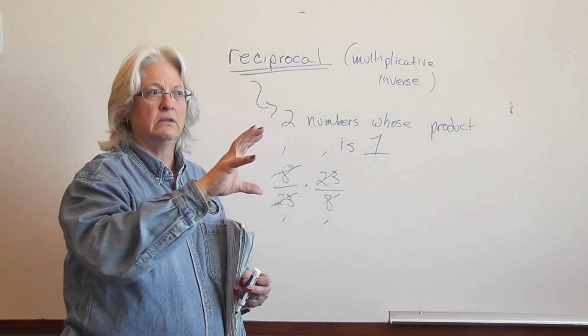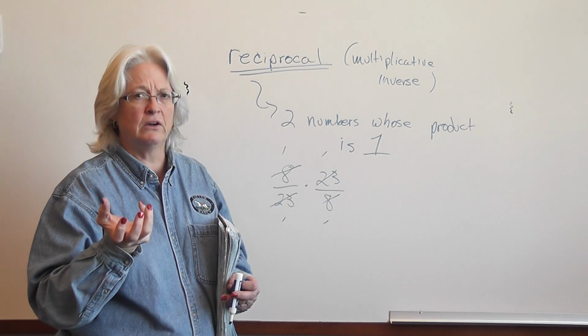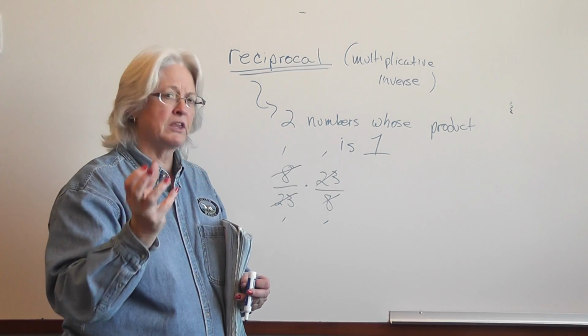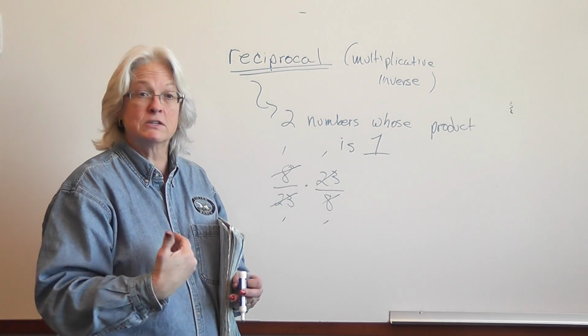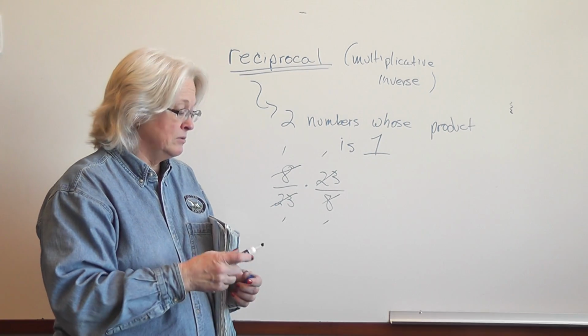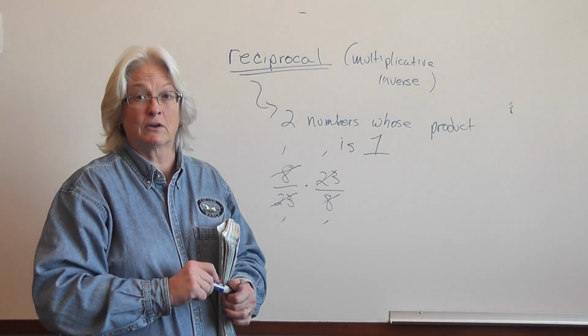So with a fraction, with a rational number, to determine what its reciprocal is, you simply stand it on its head. Now, there is some theory involved in what's behind the fact that causes those reciprocals to multiply together and equal 1, but I'm really not going to go there with you guys.